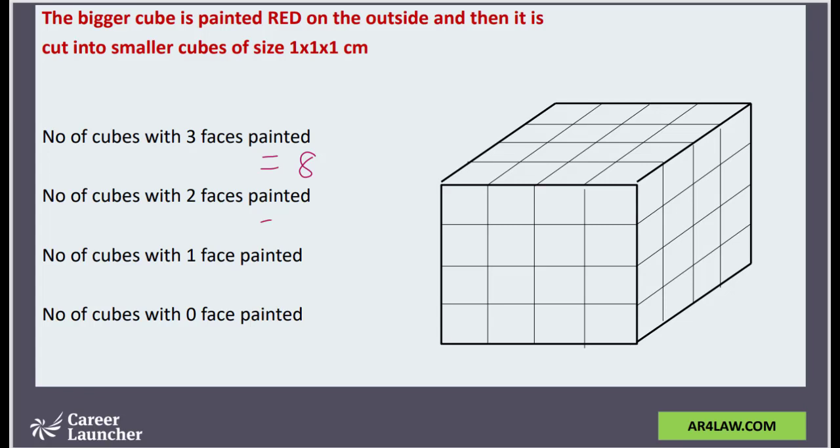The answer to this was 24. Number of cubes with 1 face painted is similar to the number of smaller cubes for which only 1 face is visible. This also was 24, and number of cubes with no face painted is similar to the number of cubes with no face visible. So this is 8, taking the total to 64.